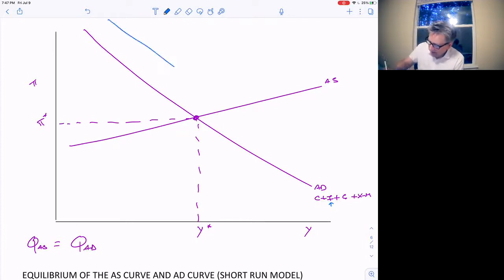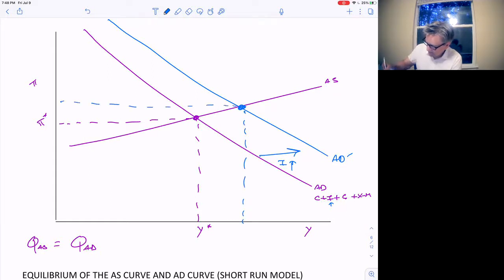Well, an increase in I would increase aggregate demand. It would shift it to the right because of this investment spending increasing. And the result is a new equilibrium, in this case a little higher inflation rate and an increase in GDP, in real output.